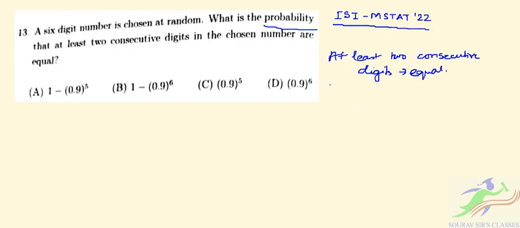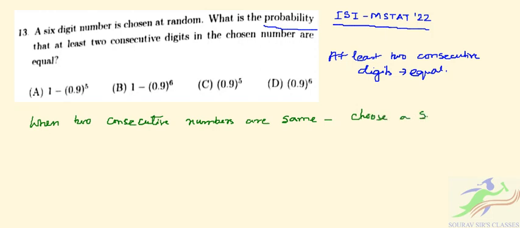So in our case, this is when two consecutive numbers are same, so we can write that we can choose a 6-digit number in how many ways?